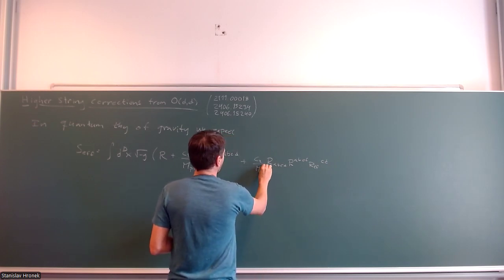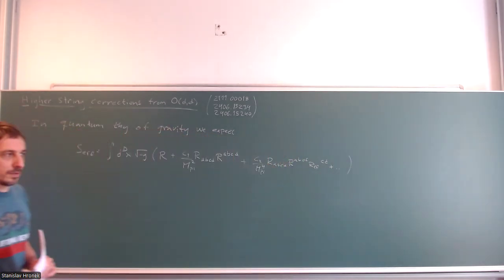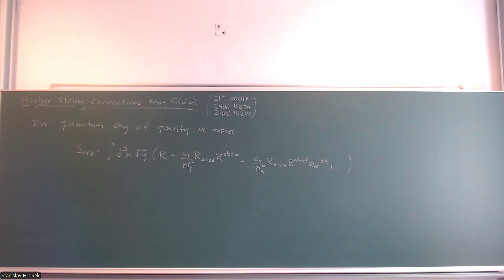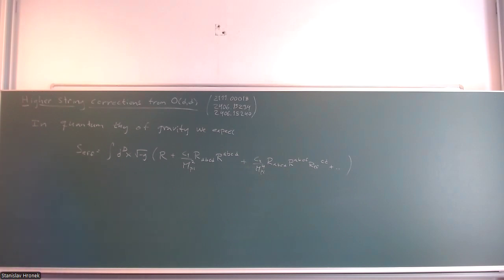And then you can have many more corrections. But we would be interested in knowing these numbers for applications, for example, to black holes. We want to get corrections to black hole entropy or something like that. We need to know those coefficients.